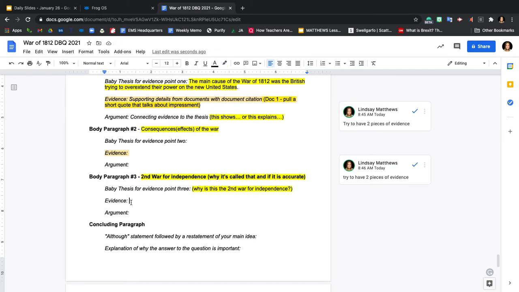Here, your evidence, if you have 2 in body paragraph 1 and 2 in body paragraph 2, you don't technically need an exact quote. You can kind of summarize what you've already talked about. So this is going to be more of a summary of what you already discussed.